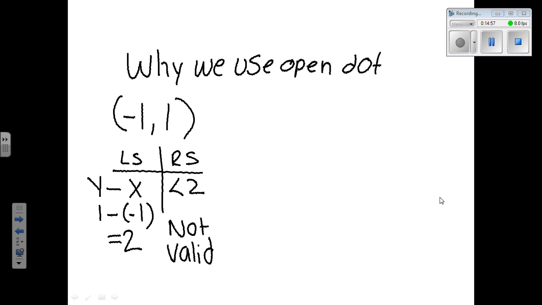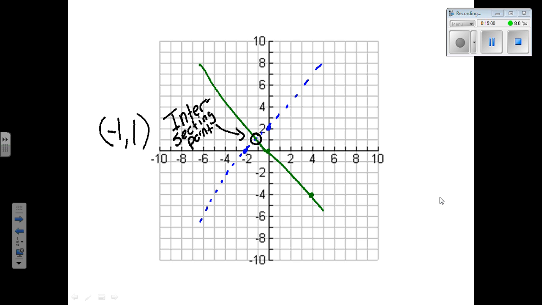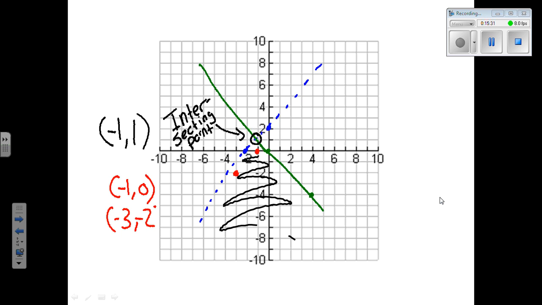So we're going to pick a point within the shaded area. I picked the points negative 1 and 0 and negative 3 and negative 2. So let's see if it fits.